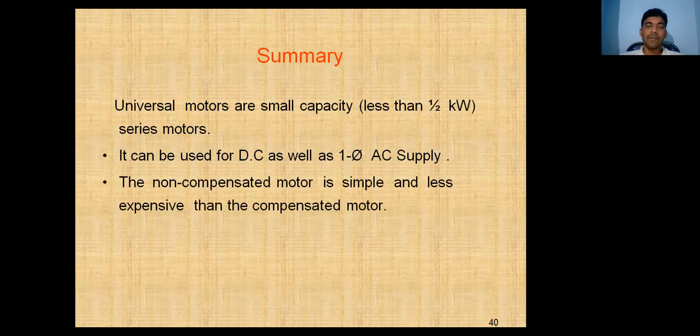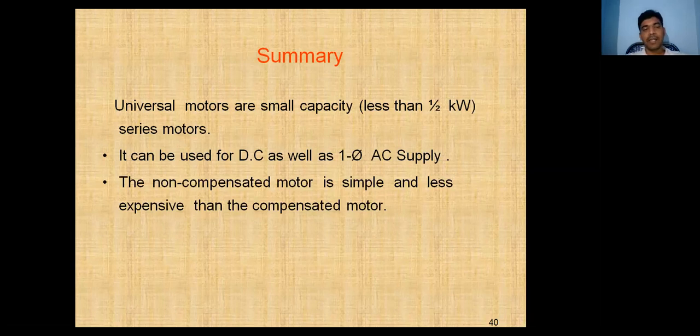The non-compensated motor is simple and less expensive than the compensated motor.